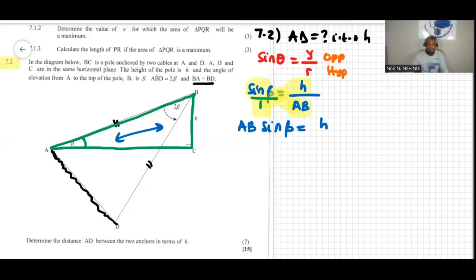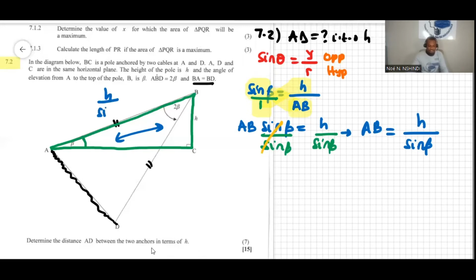If we divide both sides by sine beta, AB will be equal to h over sine beta, because sine beta is simplified.